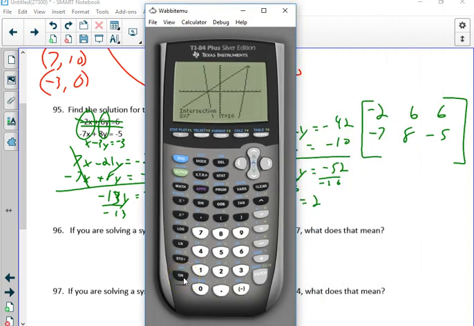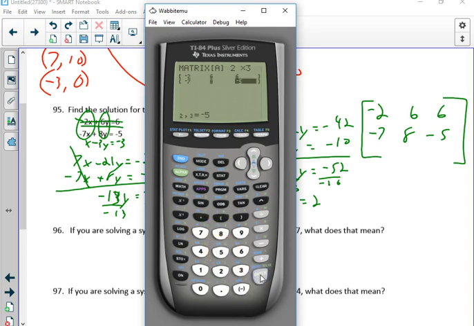Go to matrix, which is second matrix. Go to edit. Now this, remember, we always use the reminder, RC, remote control. So how many rows are there? There's 2. How many columns are there? There's 3. And then we just put them in. Negative 2, 6, 6, negative 7, 8, negative 5.